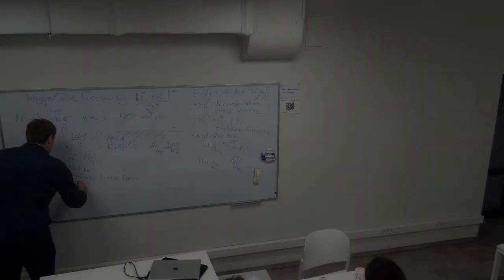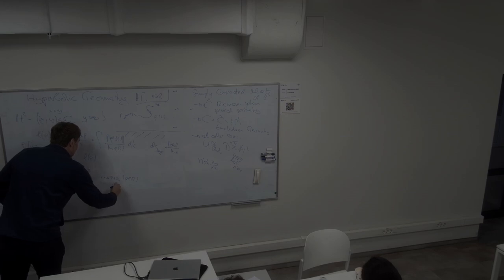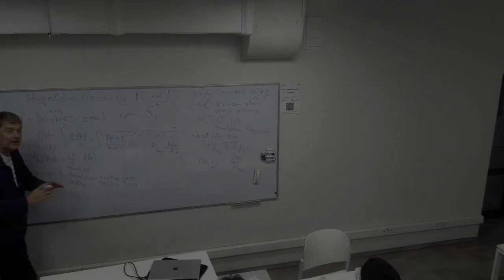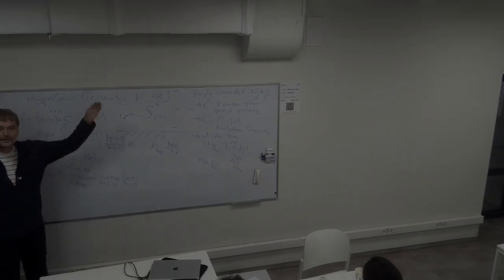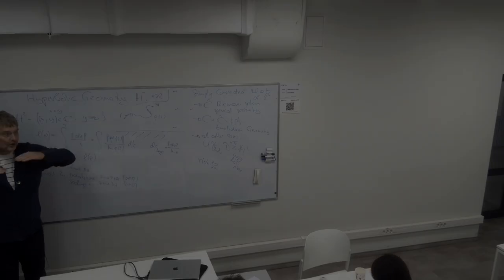And it's also invariant by scalings. Z maps to lambda Z, where lambda is a positive real number. If I scale everything by, say, a factor of 3, then all the Euclidean lengths become greater by a factor of 3.